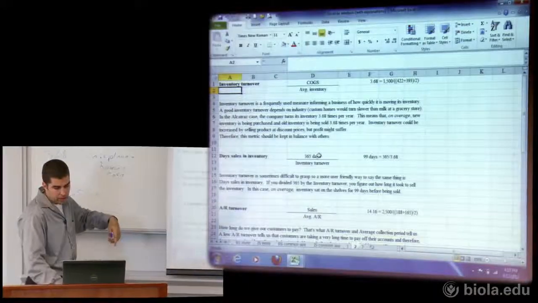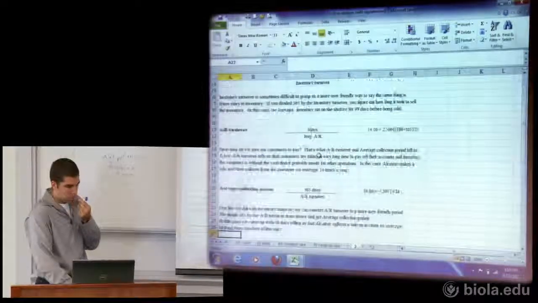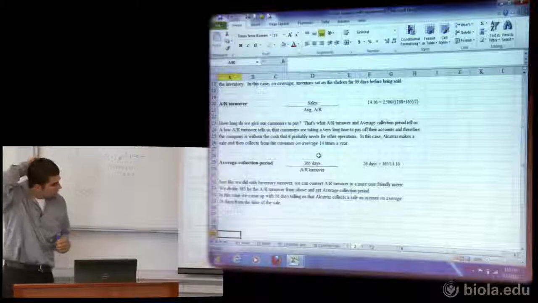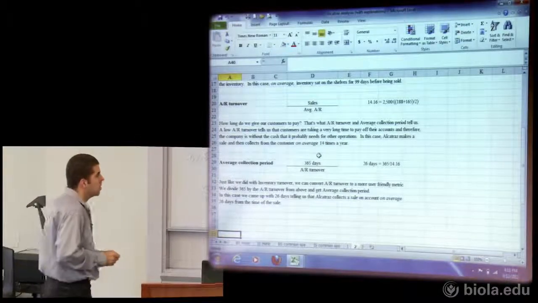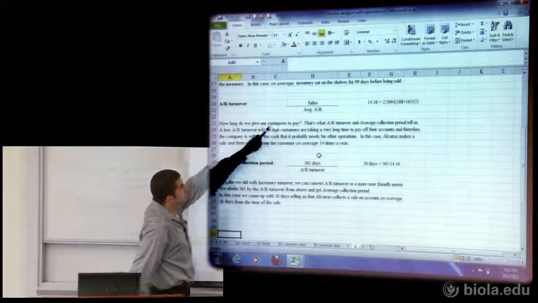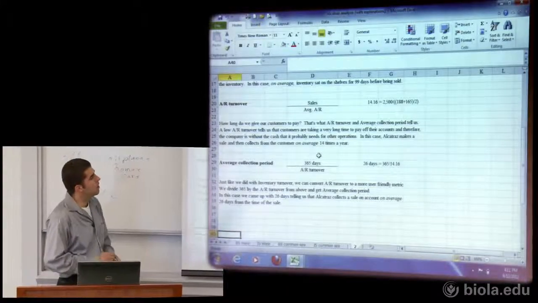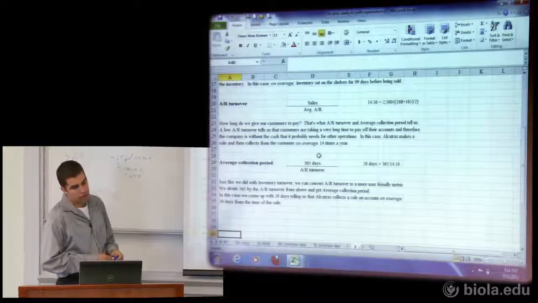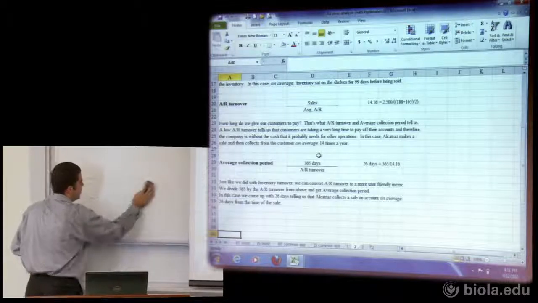Let's go quickly through AR turnover. Who had that? Go ahead, guys. We took the total sales for the year, 2011 sales, then took the average accounts receivable from 2010 and 2011, and we got 14.16.